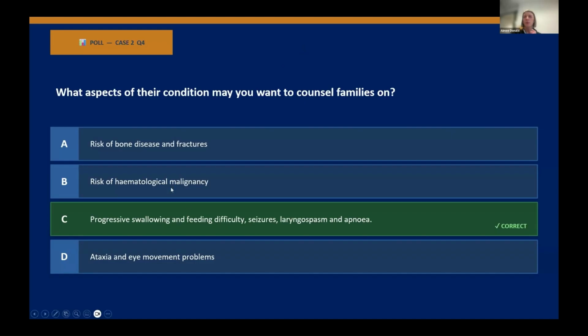And preparing families for this is challenging. But having an awareness even in your own mind that this is something that can happen, and sharing that with professionals around this family, is important so that you can plan how we're going to manage those if they happen.